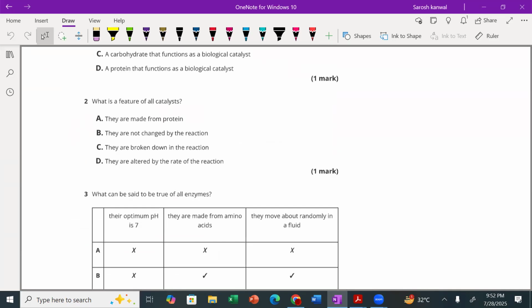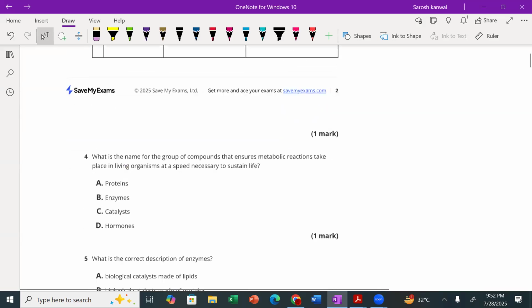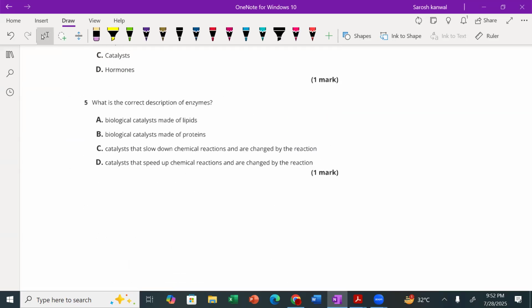B. B is a feature of all enzymes, they are not changed by the reaction. Okay, that's correct. Then you have to tell me what is the correct description of the enzymes.